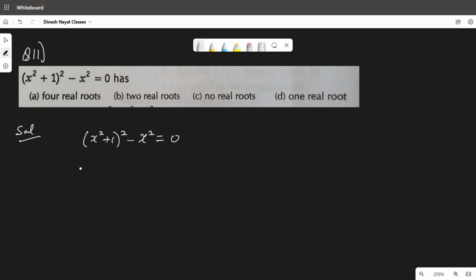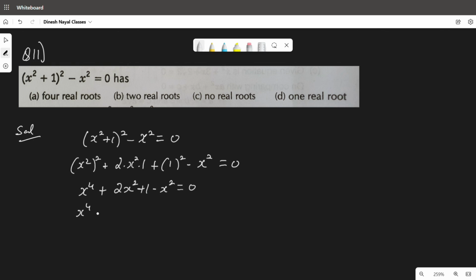So x square whole square will be x to the power 4, plus twice of x square into 1, and then plus 1 square, minus x square equals 0. So 2x square minus x square is plus x square. So x to the power 4 plus x square plus 1 equals 0.